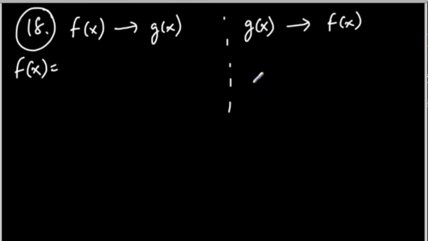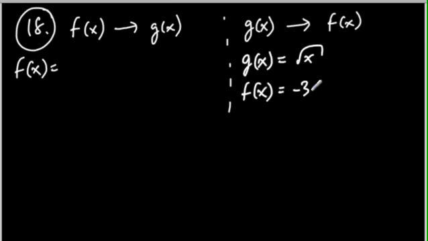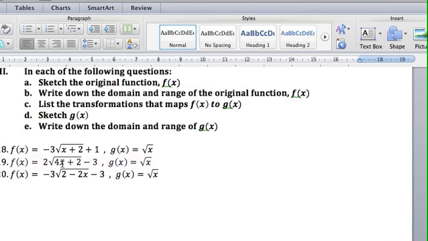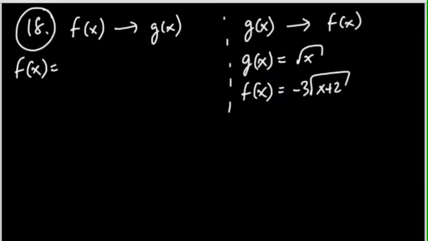So let me do it this way. So g of x is square root of x. F of x is -3 square root of x plus 2 plus 1.